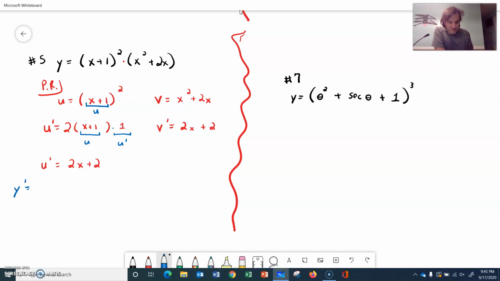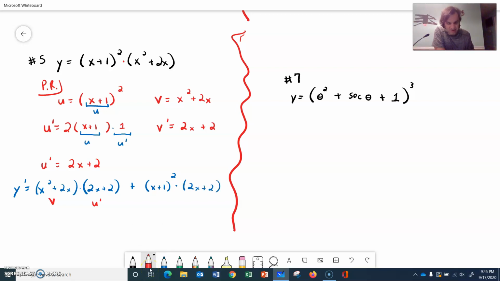So the way I give it to you is v, which is x squared plus 2x, times u prime, which is 2x plus 2. So let's label that. So what we have here, this is v and u prime, plus the rest of the product rule, which would be u, which is x plus 1 quantity squared, and times v prime, which is 2x plus 2.